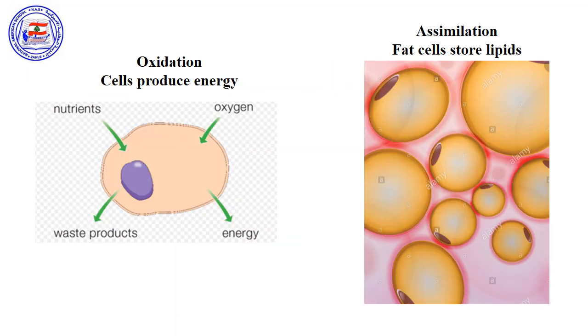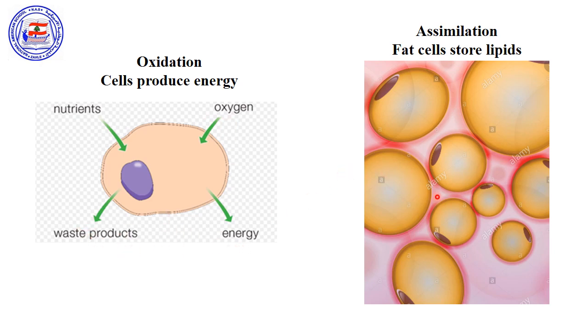This slide is showing two examples, one for oxidation and the other for assimilation. Let's see the first one. Here the cell is consuming nutrients and oxygen to produce waste and energy. This is oxidation, or in other words, here the cell is degrading nutrients in the presence of oxygen to produce waste and energy.